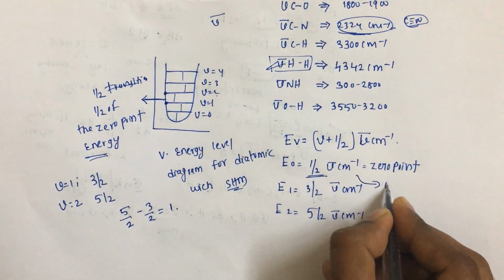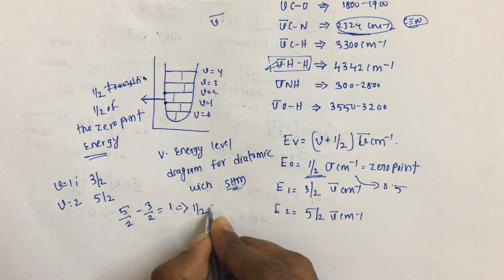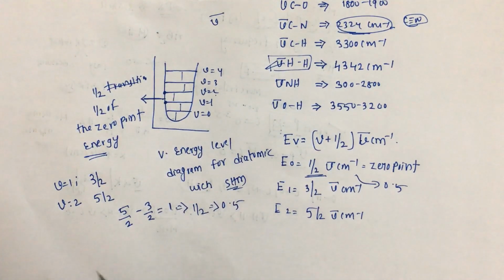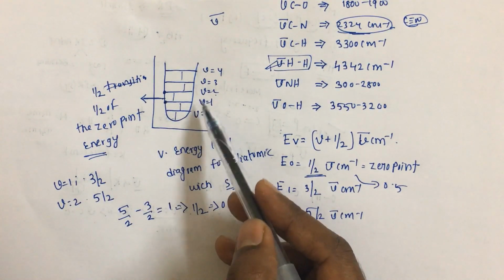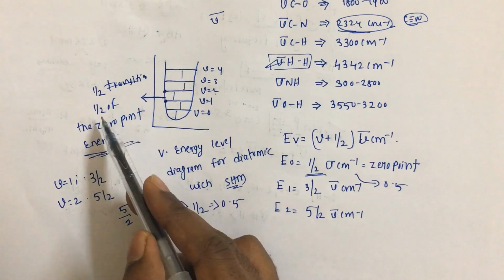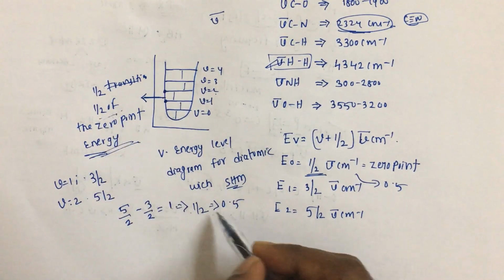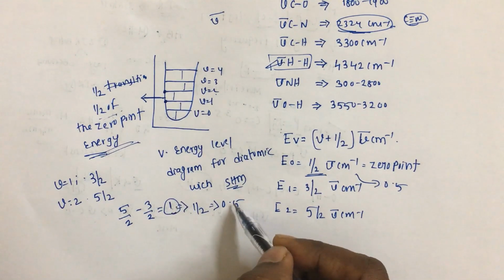It is 0.5. So 1 means it is twice 0.5. So the energy difference between any two energy levels will be related to the zero point energy, where the zero point energy is 0.5.